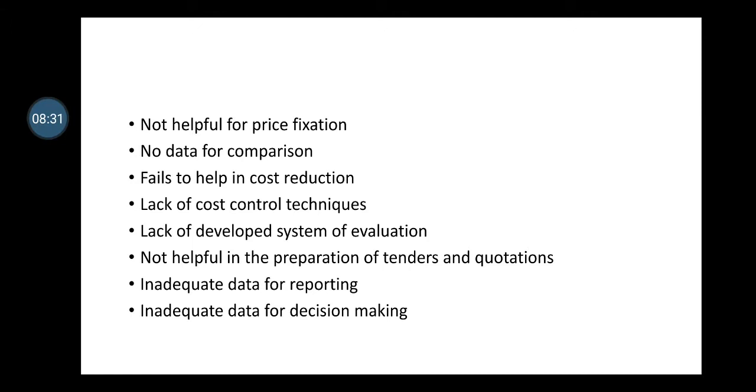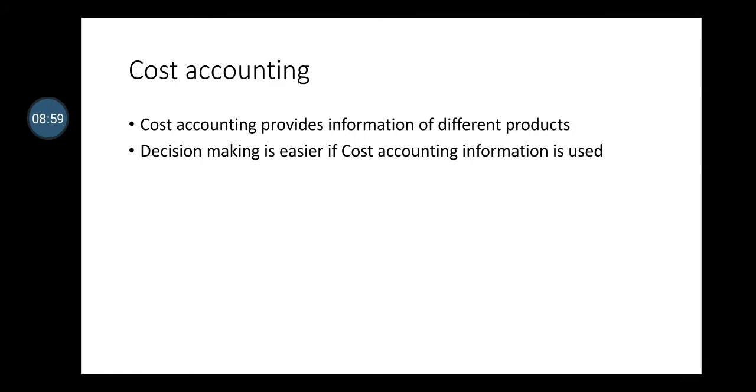We are not in a position to prepare quotations with the help of financial information. The data provided by financial accounting is not sufficient for preparing functional reports, which help us in improving efficiency, nor is it sufficient for taking decisions. So, inadequate data for decision making. These are the various limitations of financial accounting.